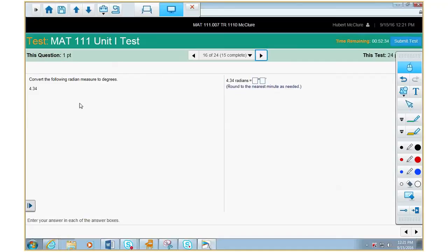That could be 2 pi radians. They're already calculating that by pi, aren't they? So what's 4.34 divided by 3.14? I'm sorry, what? So it's 1.38 pi. Am I reading that correctly?